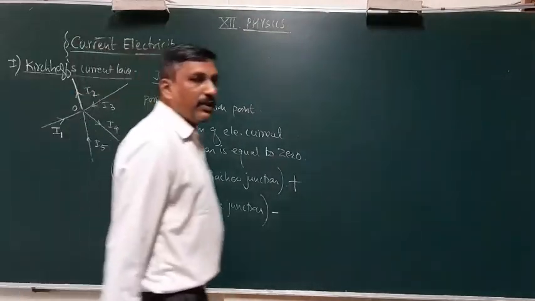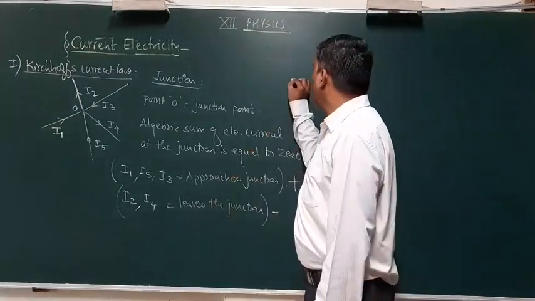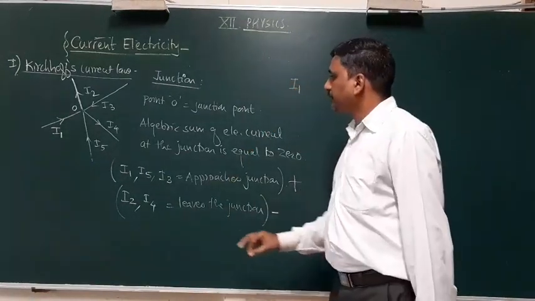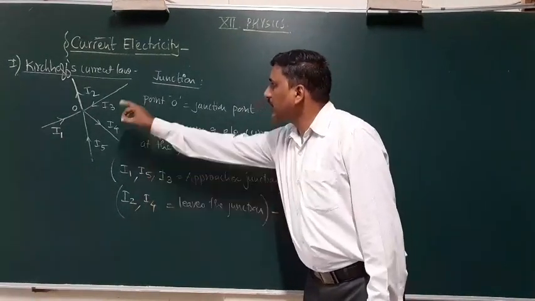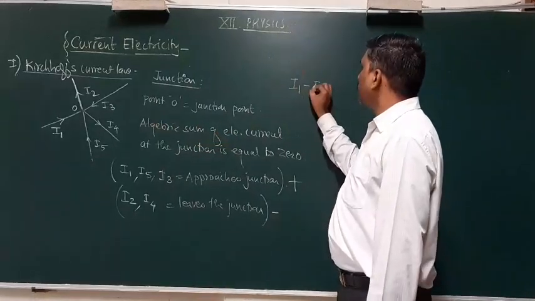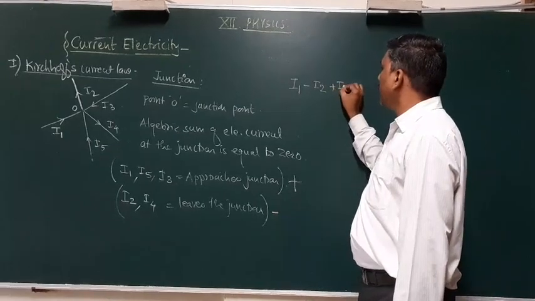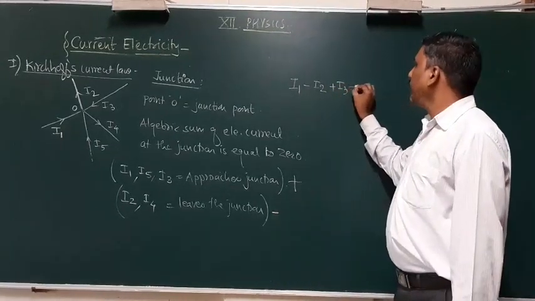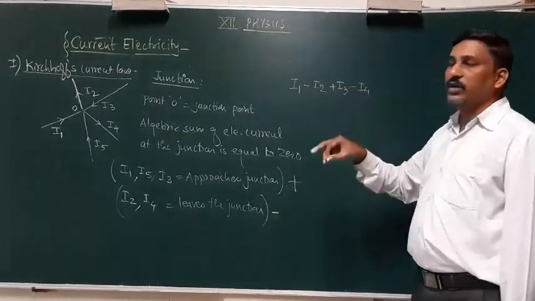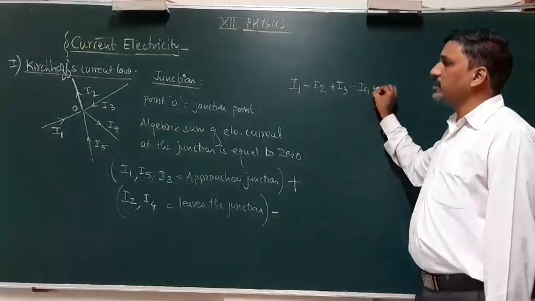I1 is positive because it approaches the junction. Next is I2, it leaves the junction, so it is minus I2. Then I3 approaches, so it is positive. Then I4 leaves, so it is negative. I5 approaches, so it is positive.